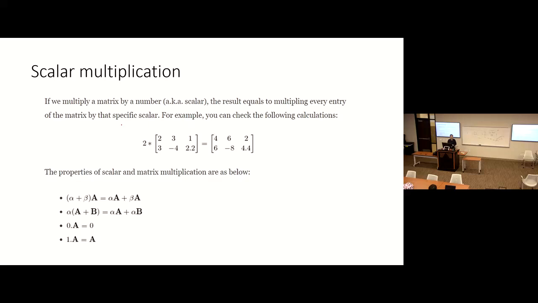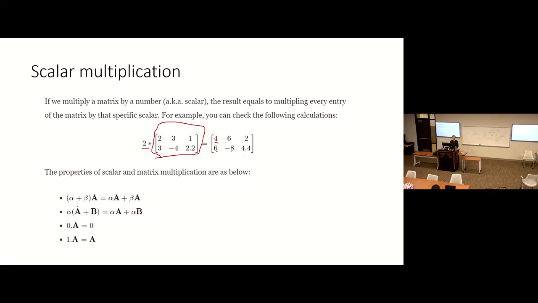Scalar multiplication. In this example, you multiply by a scalar, a number 2, and every element inside the matrix gets double its value.